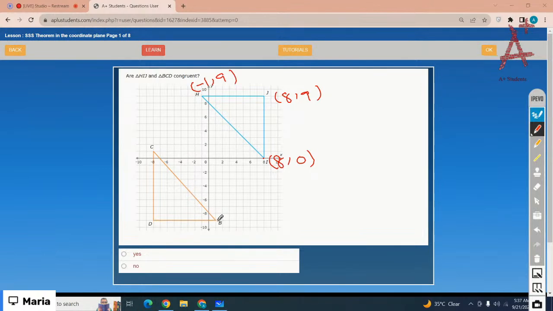This one is negative 1, negative 9; negative 8 and negative 9; negative 8 and 1. You can just calculate the side lengths from here, right?